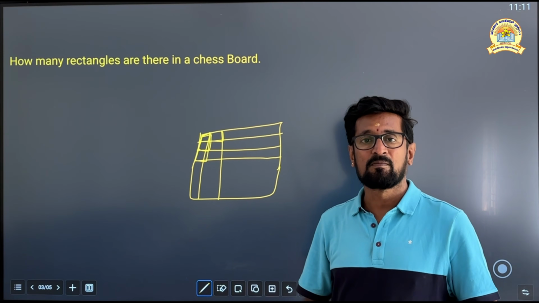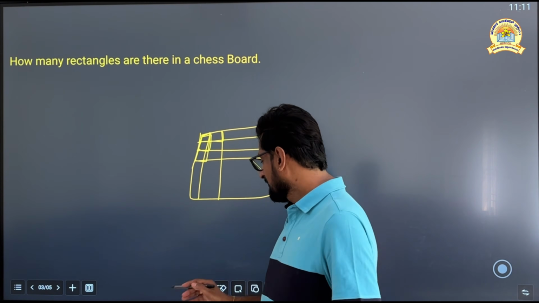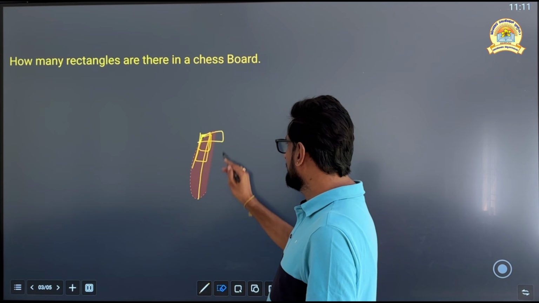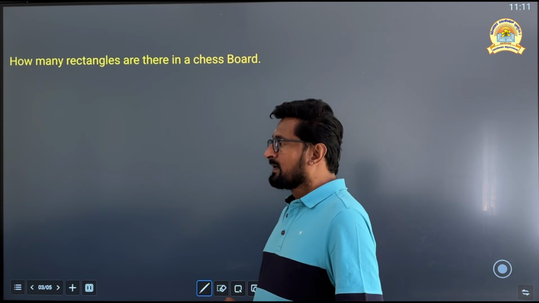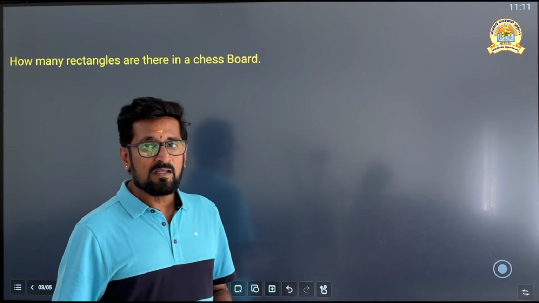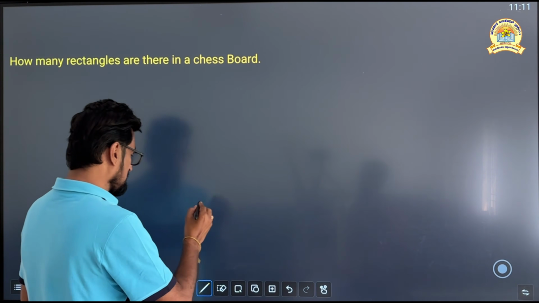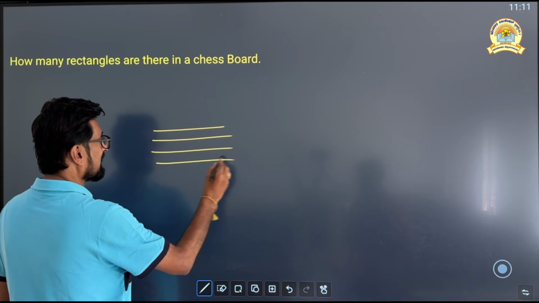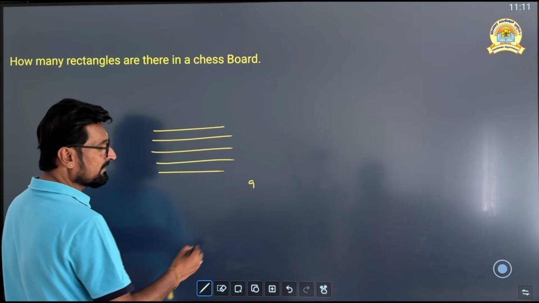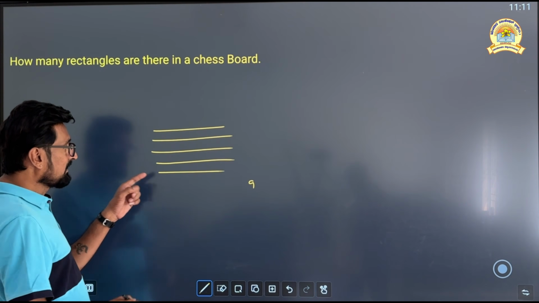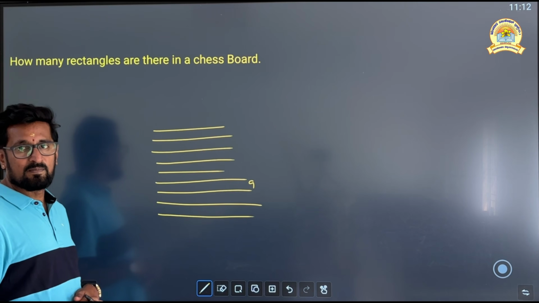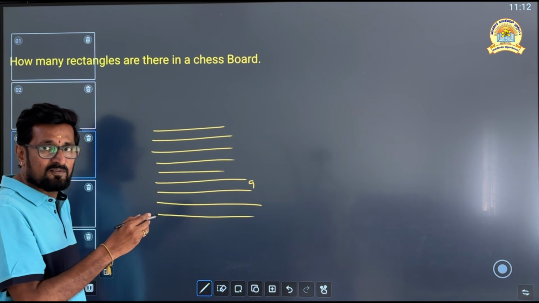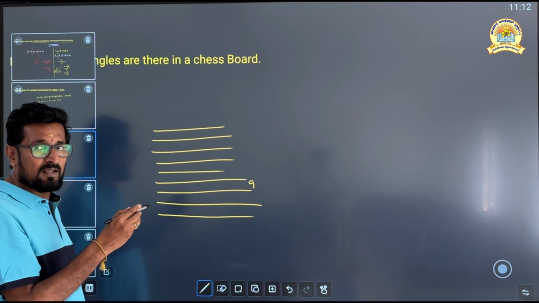You can't count them by normal means, so you can do it by using a small formula. There will be 9 horizontal lines in the chessboard, right? 2 horizontal lines are required to form a rectangle.